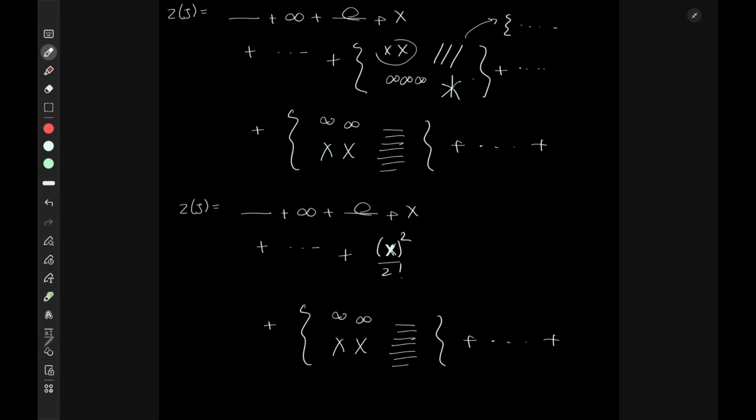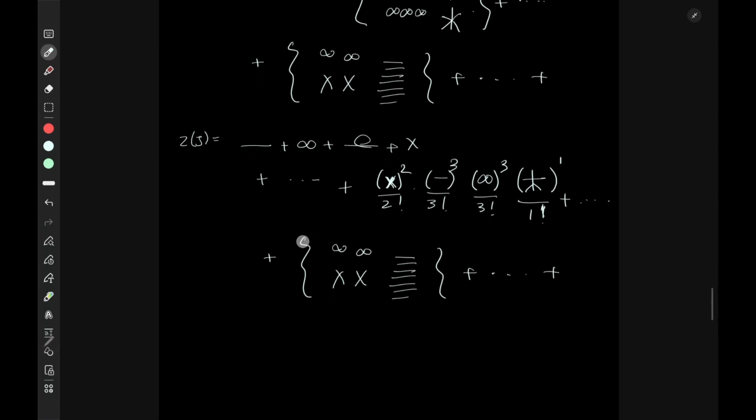X is the diagram, which is a number, and times 3 lines are there, so line cubed over 3 factorial. 3 of these infinities are there, so infinity cubed over 3 factorial. Then there is 1 of these weird things, 1 over 1 factorial.